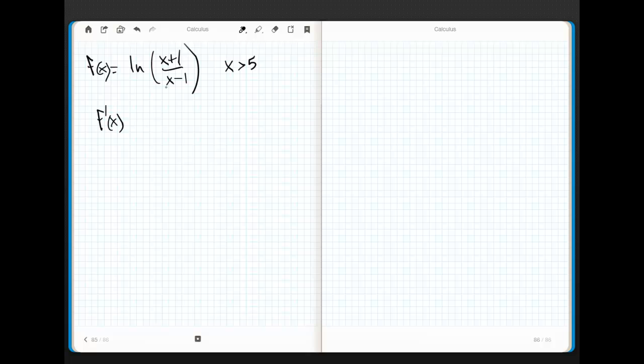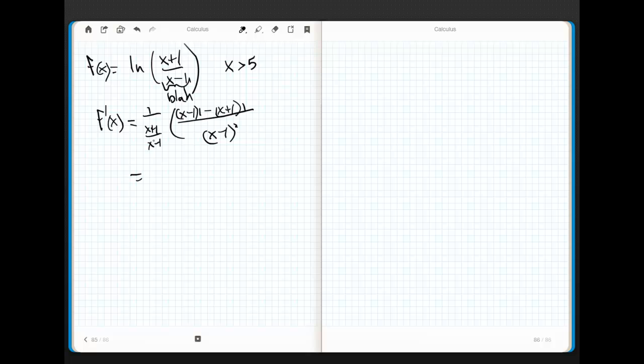F prime of x: this guy right here is just my blah, the thing that's being composed into natural log. So this ends up being 1 over x plus 1 over x minus 1, which we know is just the reciprocal. And then I have to use the quotient rule, low d high, x minus 1 times 1, minus high d low, x plus 1 times 1, all over low squared, x minus 1 squared, right?